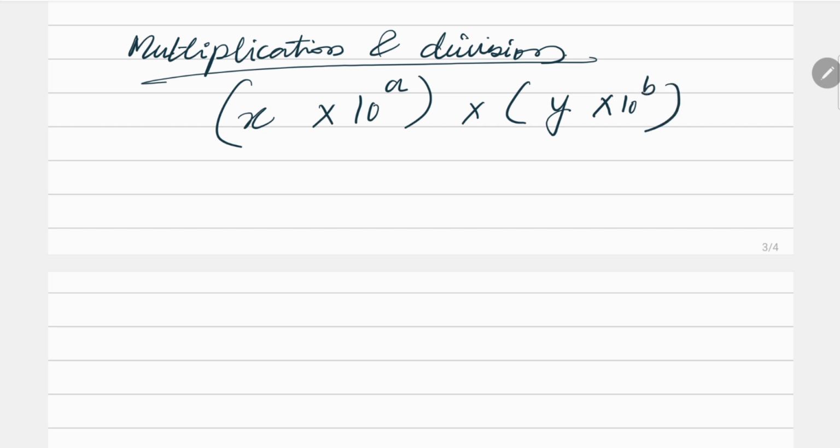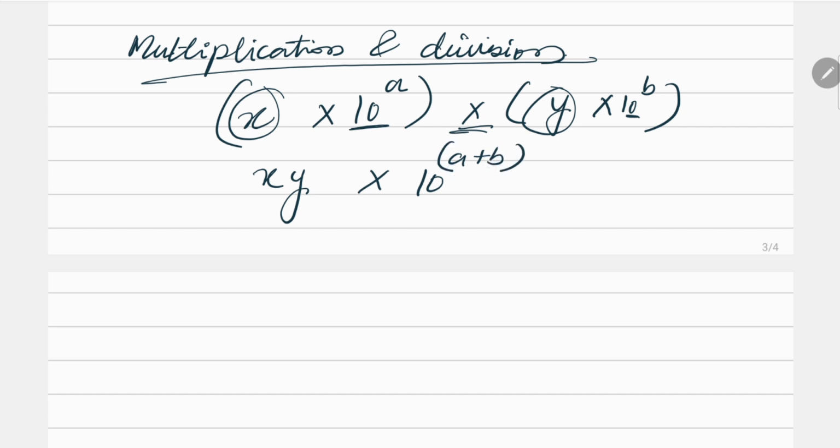So if the multiplication is done, the exponent powers are added. The numbers x and y are multiplied, times 10 raised to power a plus b. So exponent powers are going to be added.